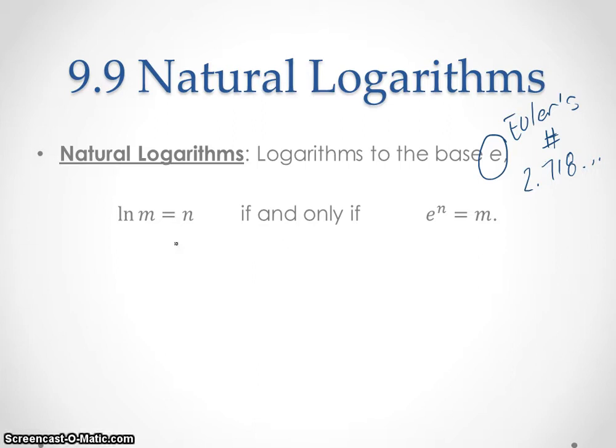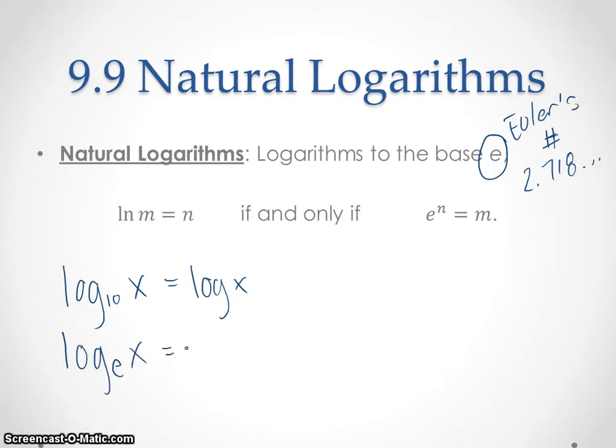So ignore all this for right now. I just want to draw a parallel between our old log base 10 of x. We could write that as log of x, and we said if we don't see anything here, we would assume it's base 10, because those are the most common, which is why they call those common logarithms. Now, for our log base e of x, we can't just drop the e.